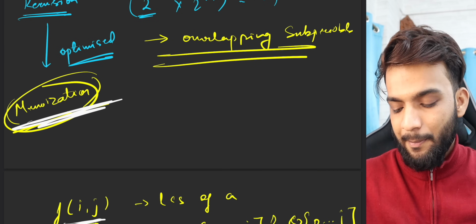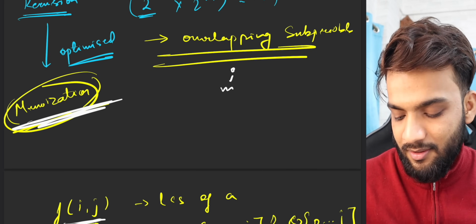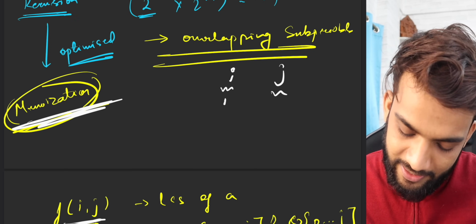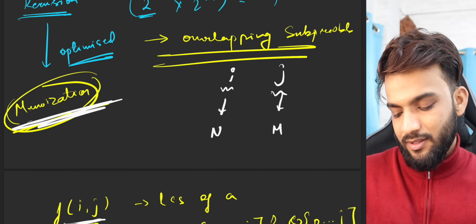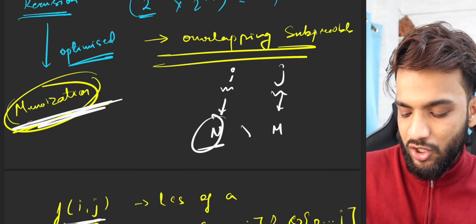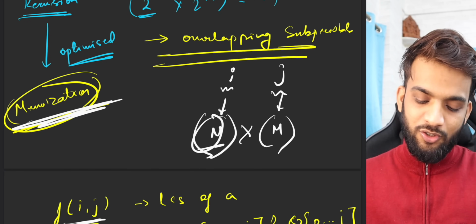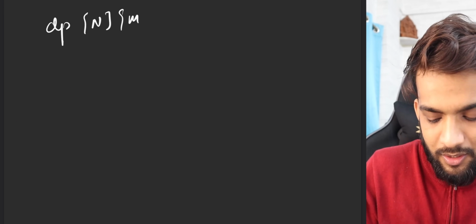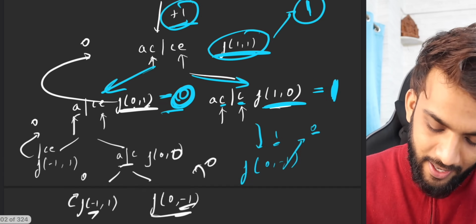What is the technique to apply memoization? Look at the changing parameters. One is i, the other is j. What about i? It's n. What about j? It's m. Thereby, you can say n cross m is the dp I will require. So you can just declare a dp of n cross m, initialize everything to -1, and go back and add these lines.